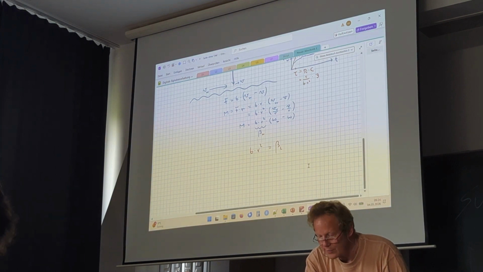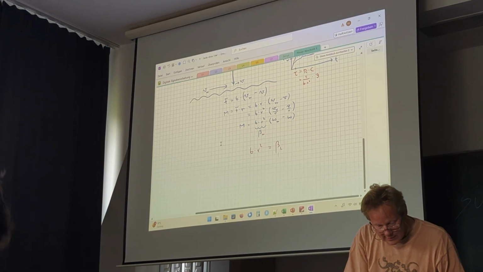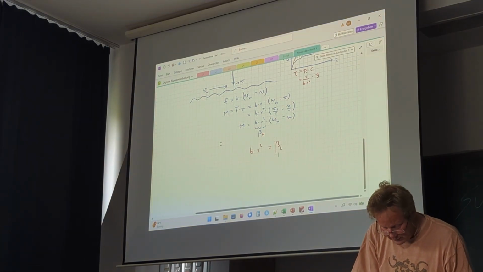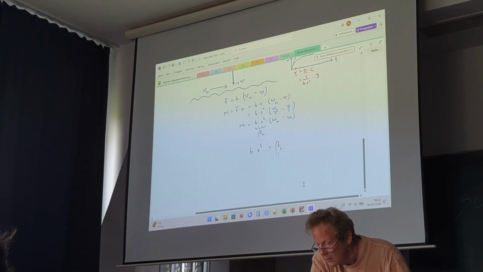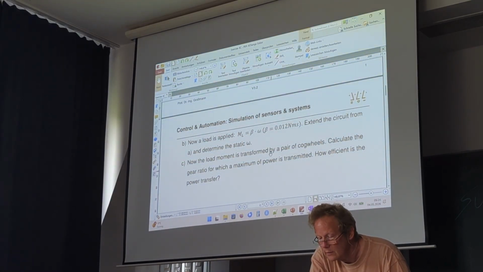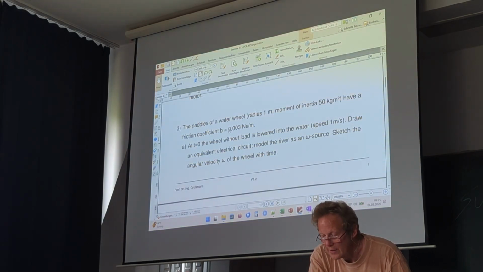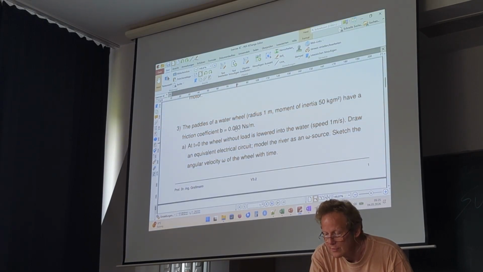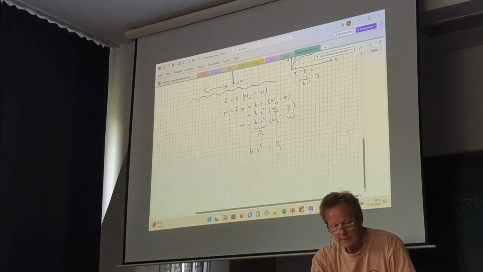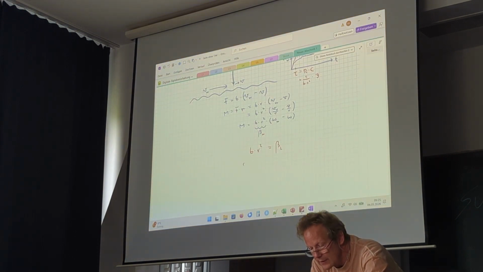So let's also calculate the factor here. What are the numbers? Okay, B is 0.003. The radius is 1 meter. So B multiplied with R squared is again the value 0.003.